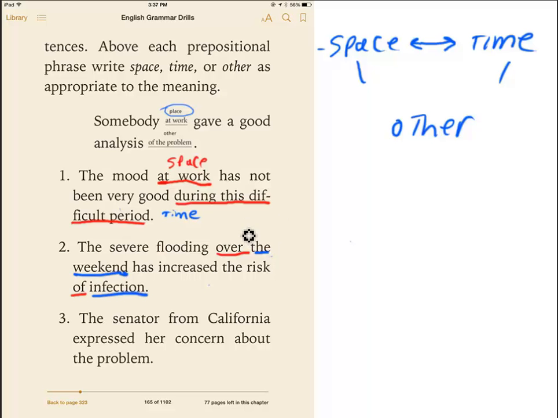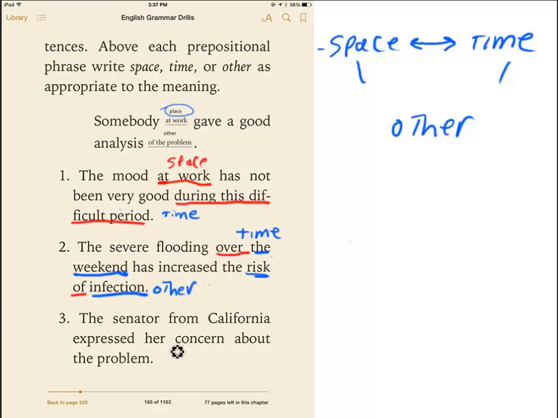This one has to do with time, it tells me when, and this one has to do with neither time nor space. It's just other. Tells me more about. And of course, this of infection modifies risk.